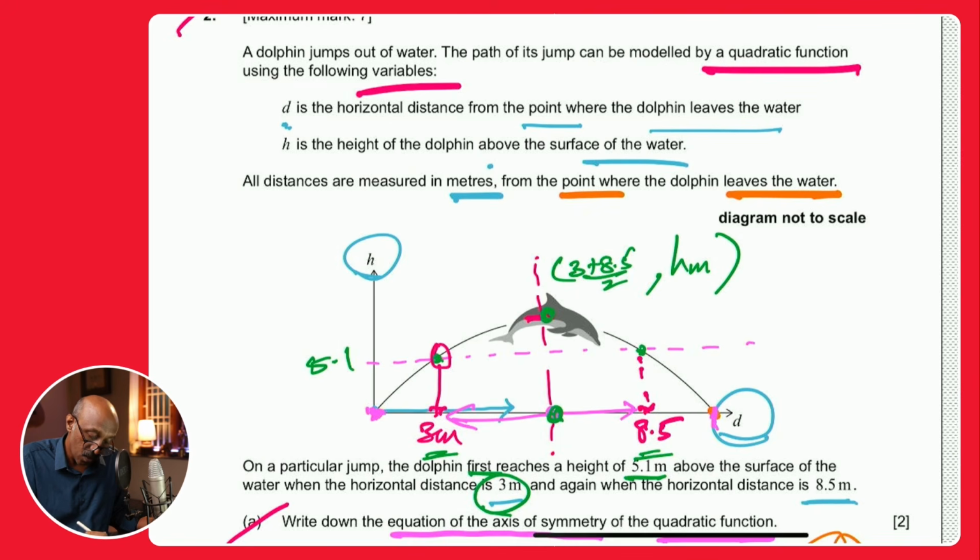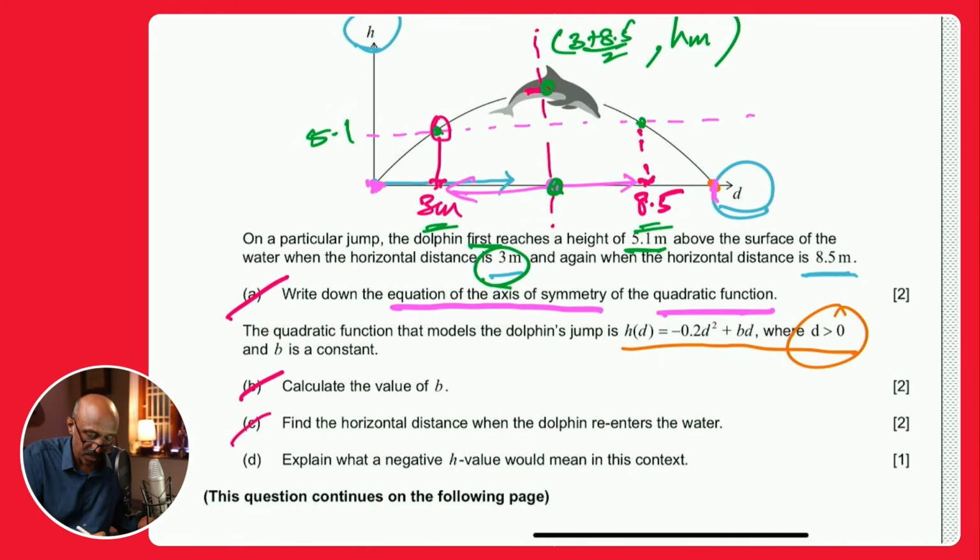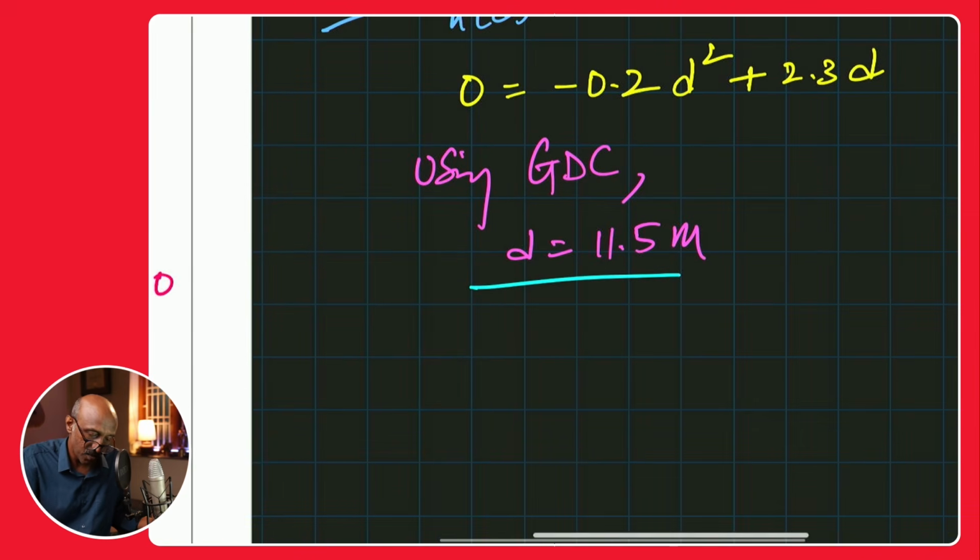All distances are measured in meters from the point where the dolphin leaves the water. It's jumping. So if H is 0, it's entering the water again. If it's negative, of course, the negative value of H suggests that the dolphin has gone below the water surface. So I'm going to write that thing down in my own words.